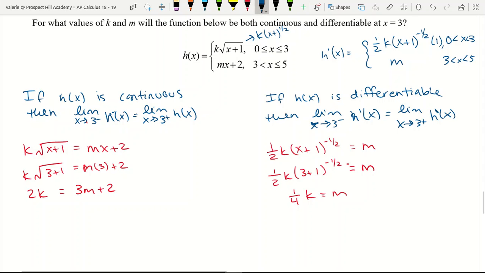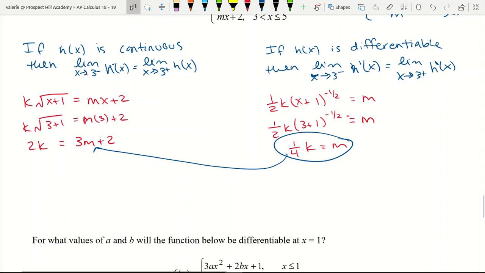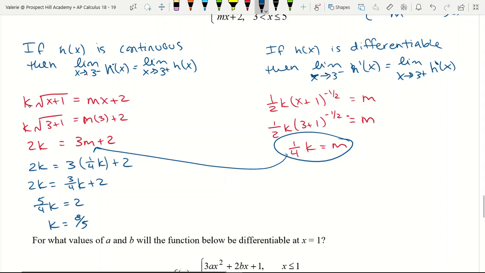So now that we know m, we can plug that into this function here. So we'll have 2k equals 3 times 1/4 k plus 2. So 2k equals 3/4 k plus 2. And then just solve for k. So 5/4 k equals 2. So k is equal to 8 over 5.